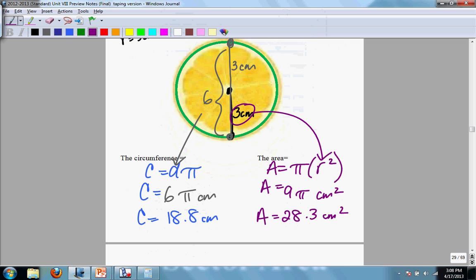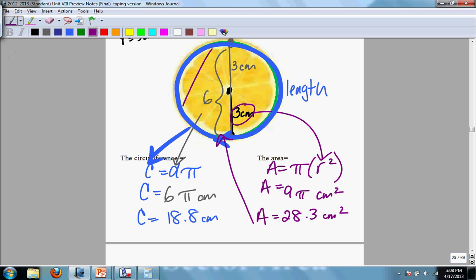So keep in mind what we just found. Circumference is the distance all the way around; it's a length all the way around. And area, of course, is the inside guts. So one is the length around, the other is the area on the inside.